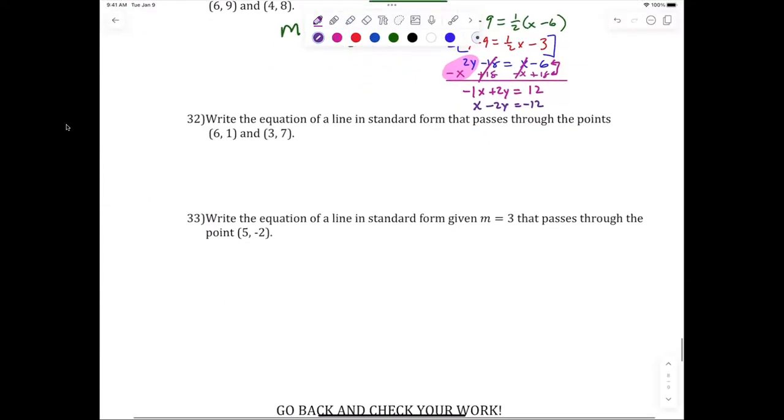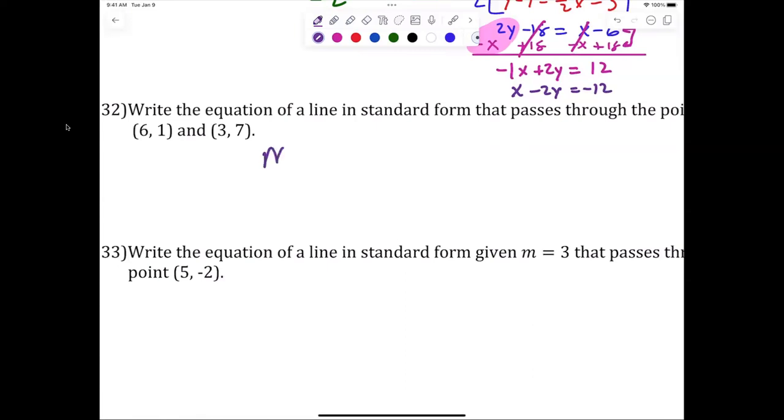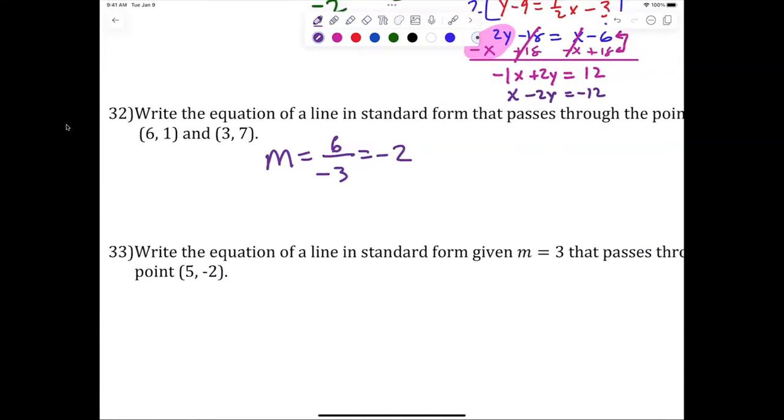Okay, standard form again. All right, Evan, you want to give it a shot? Tell me, buddy, what's your slope? 6 over what kind of 3? Do you agree with that? So what is that? Yes. Okay, let's write it now.